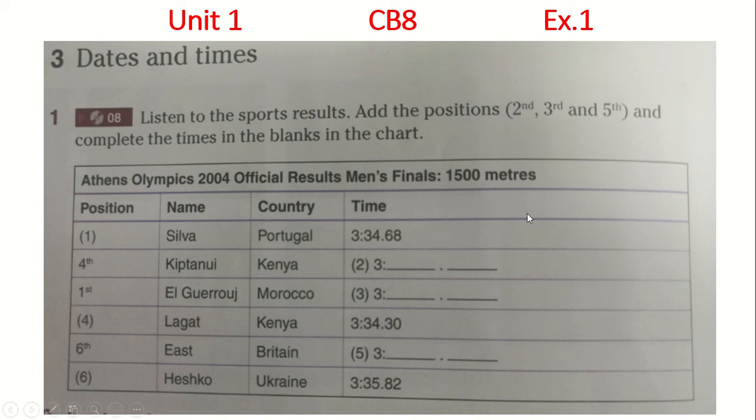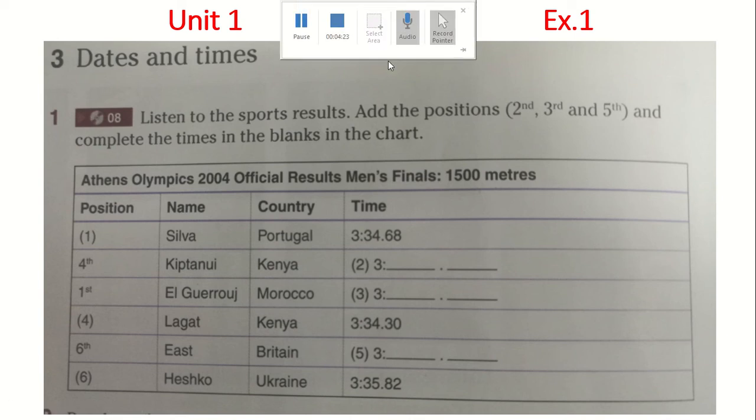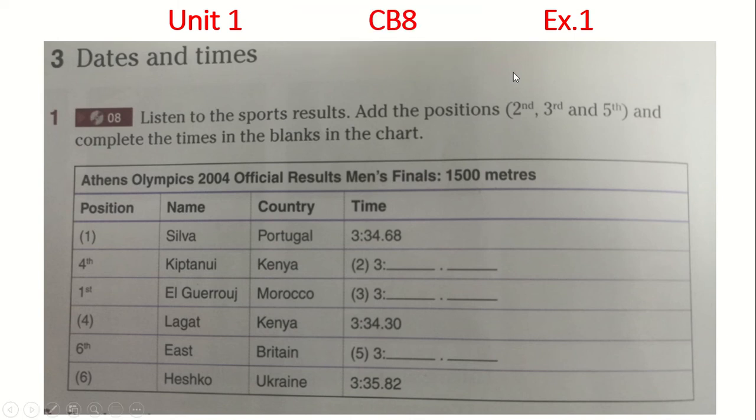Unit 1, Recording 8. Here are the results of the finals of the men's 1500 meter race. In first place, it's El Garouge from Morocco. His time is 3 minutes 34.18 seconds. In second place, it's Lagat from Kenya. His time is 3 minutes 34.30 seconds. In third place, it's Silva from Portugal.